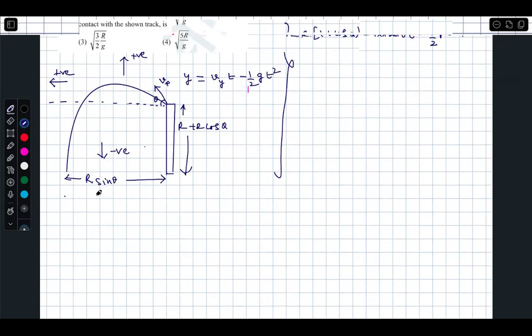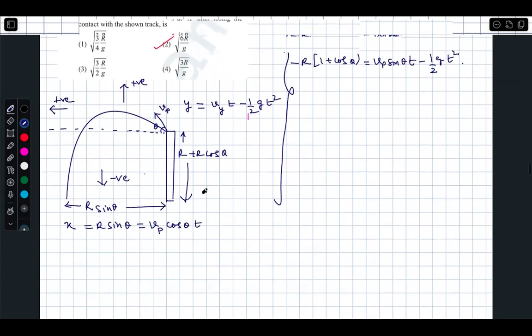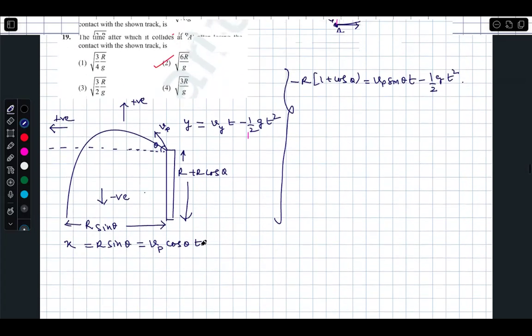X is r sin theta, which is nothing but Vp cos theta times t. Now you substitute this relation in that, which means wherever you have t, you can write r sin theta by Vp cos theta.